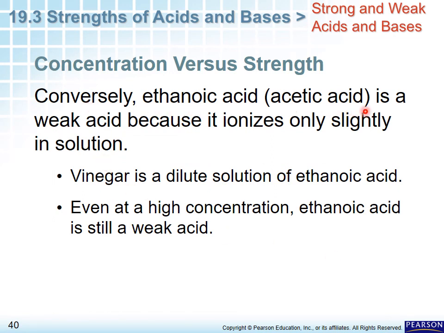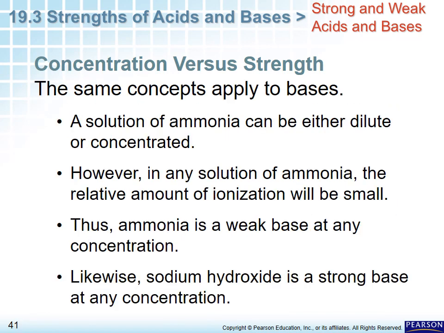Conversely, ethanoic acid, acetic acid, is a weak acid because it ionizes only slightly in solution. So vinegar is a dilute solution of ethanoic acid. Even a high concentration of ethanoic acid is called a weak acid. This is the major difference between weak and strong, and concentrated and dilute.